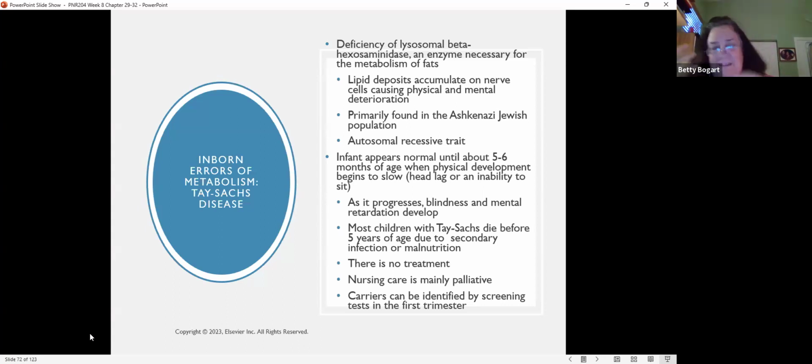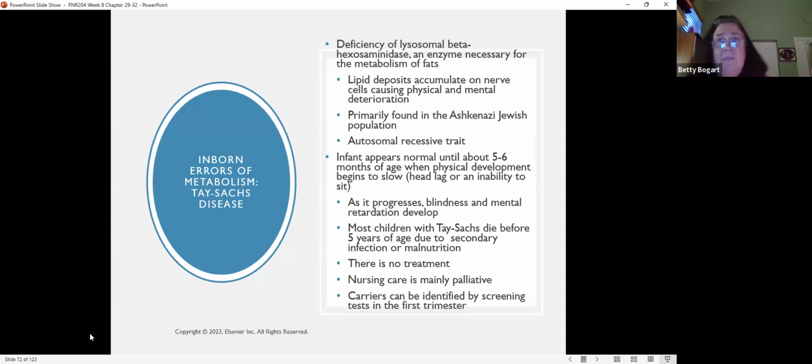When it does that, it stops the synapsing the way it should, and it causes physical and mental deterioration, retardation will happen with it. Tay-Sachs, fat. It has to do with the Ashkenazi Jewish population, and it is passed along, it is a trait.